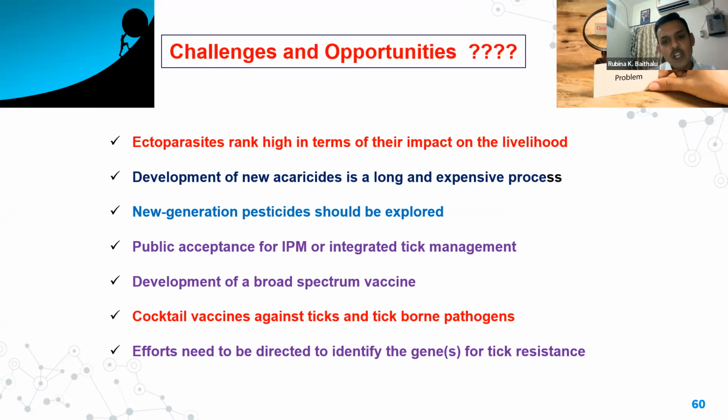In animals there is not only a single species; it is multi-species ticks that affect the sheep and goat population. So whenever we formulate a vaccine, it should be either a broad spectrum vaccine with an antigen effective against all the different tick species, or a cocktail vaccine effective against both the tick and the tick-borne pathogens.